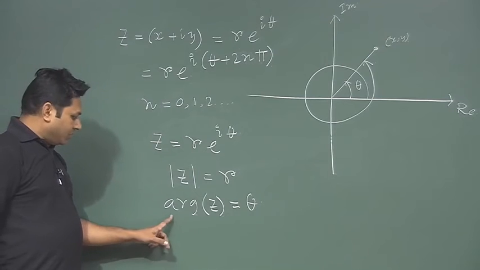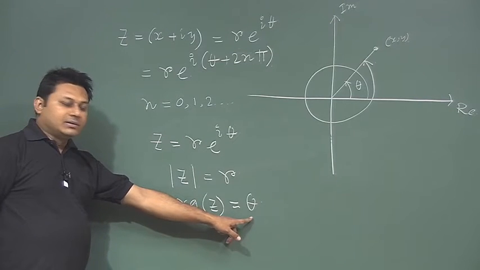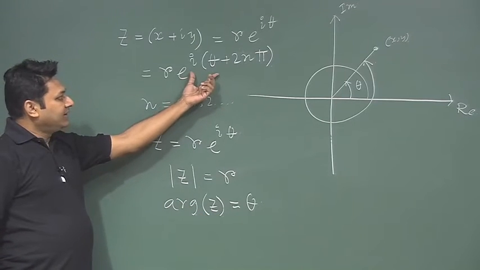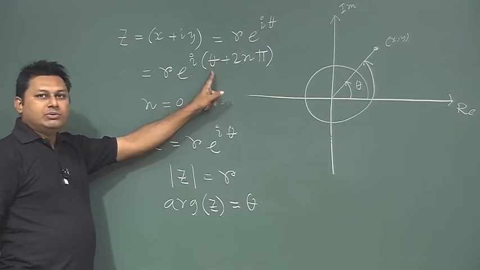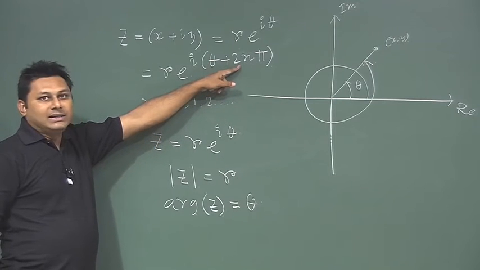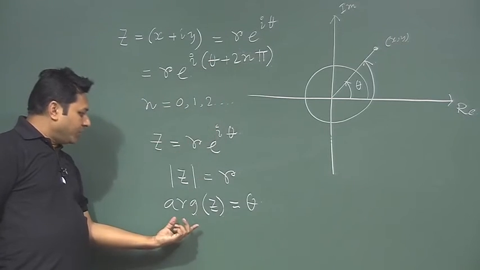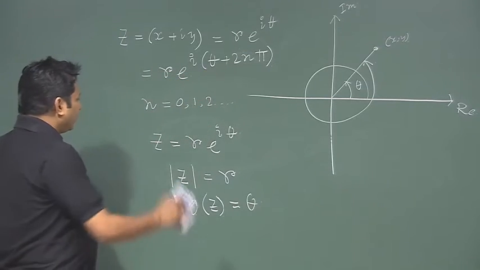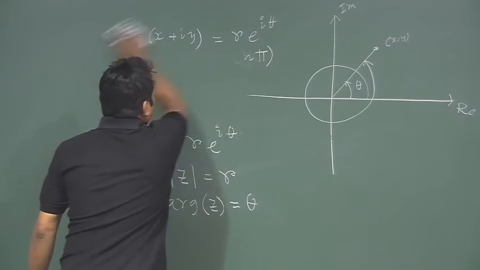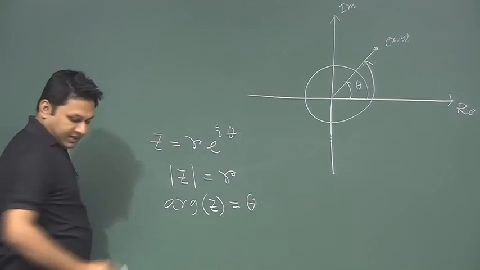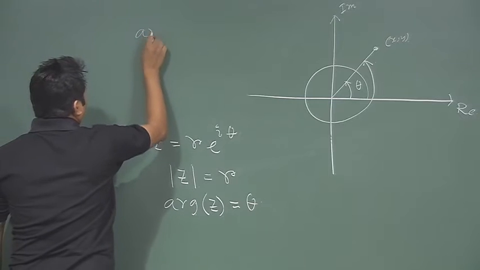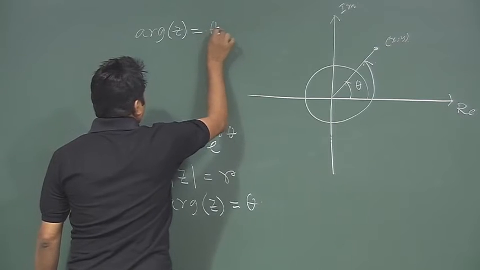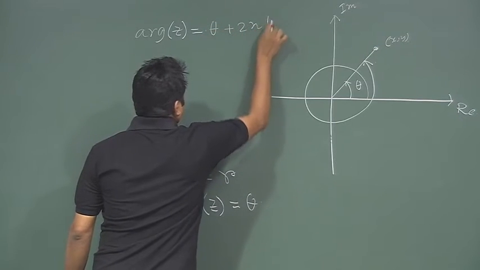Small argument of z I write as theta, but here I find that this theta is not unique, rather 2 n pi is added, and this 2 n pi again gives me the same point. That is why the uniqueness of theta is gone. So argument of z is represented as theta plus 2 n pi.